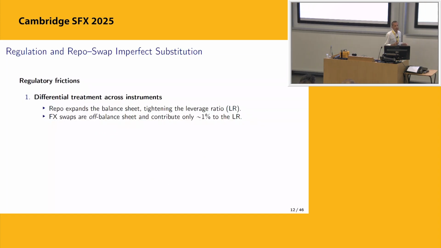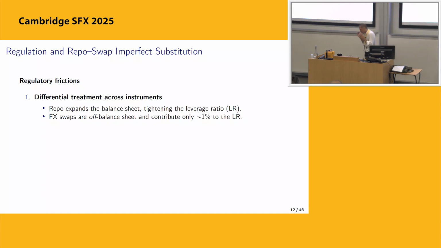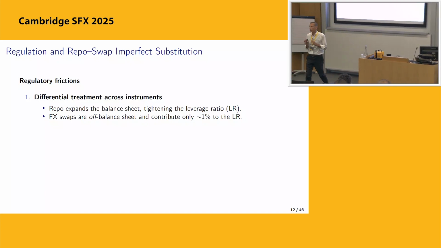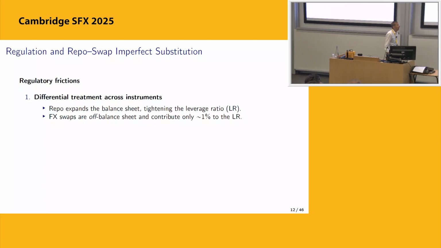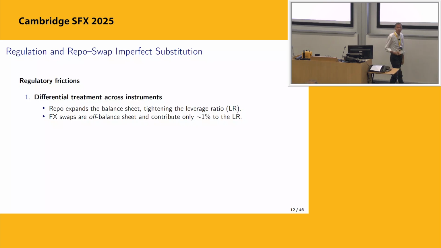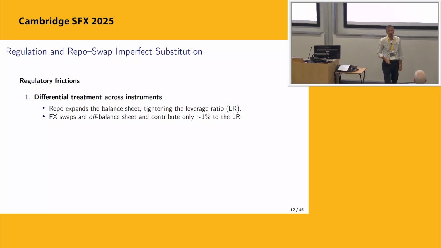So to understand that, you need to stay with me a moment. I know it's boring, but let's have a look at the regulation. There are two frictions. The first friction is the differential treatment across instruments, right? If you borrow dollars within a US repurchase agreement, this is going to expand your balance sheet, and therefore it's going to tighten the Basel III leverage ratio.